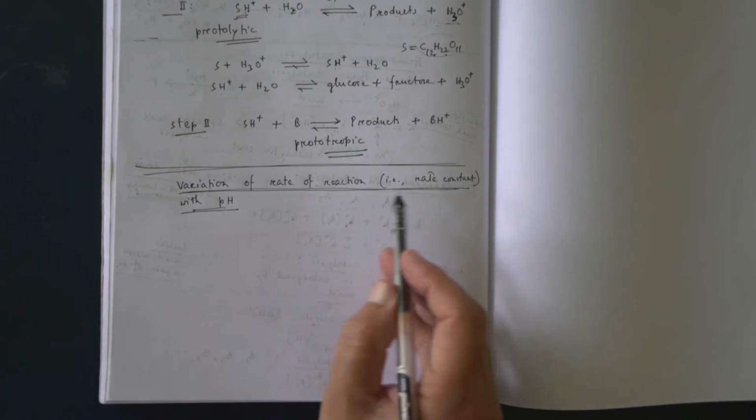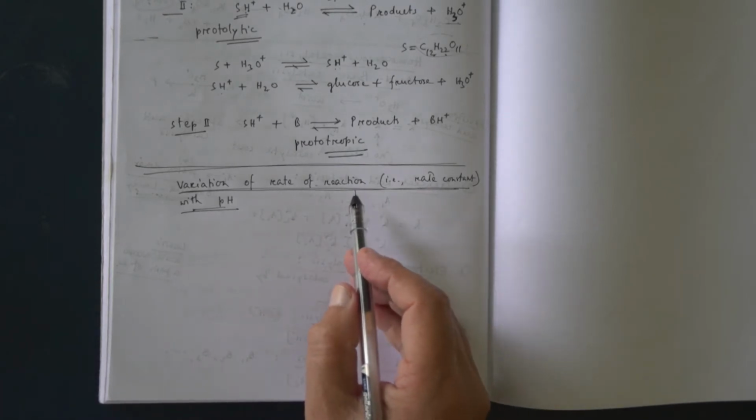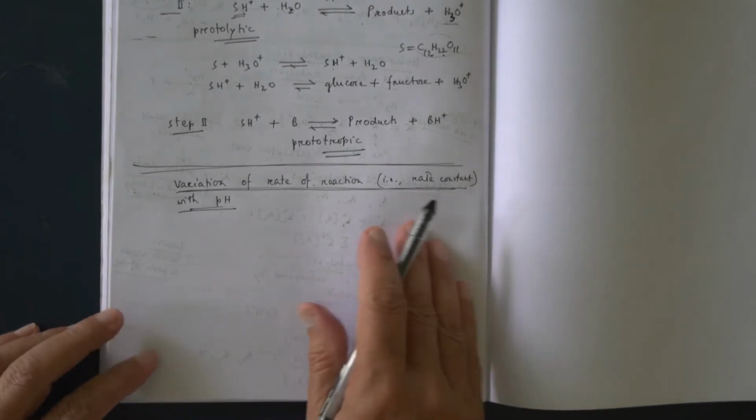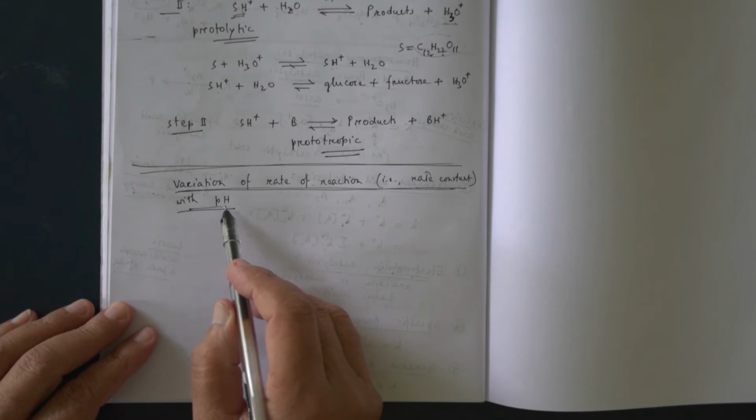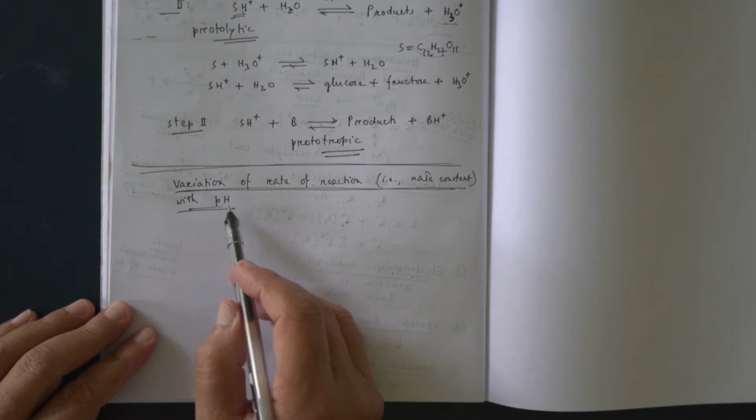So, how the rate constant or rate of reaction varies as the pH of the medium changes. pH changes means it may be acidic, it may be basic, or it may be neutral.